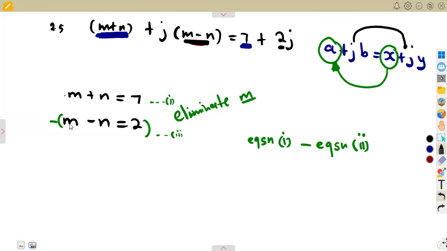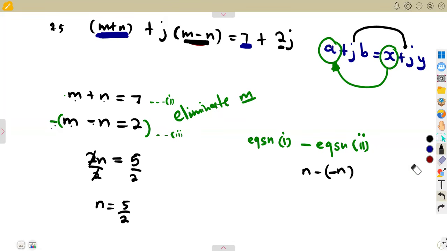If I subtract, m minus m is 0, so m is eliminated. Then n minus n is n plus n, so it's going to be positive: 2n is equal to 7 minus 2, that is 5. So we can determine the value of n by dividing: n is equal to 5 over 2.